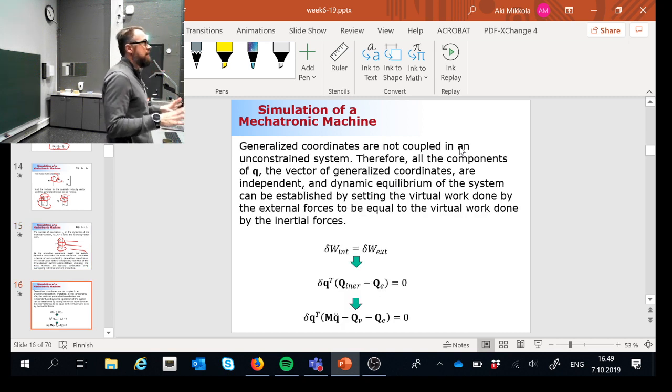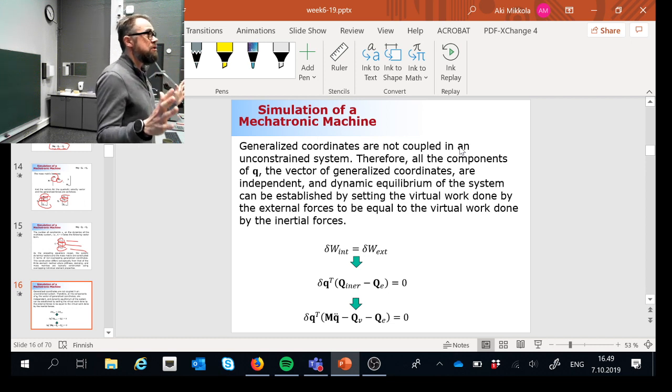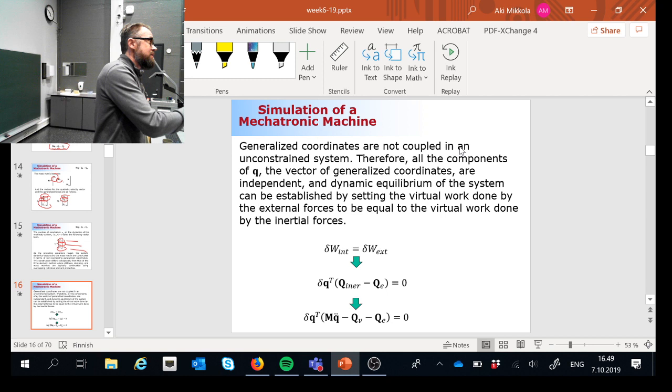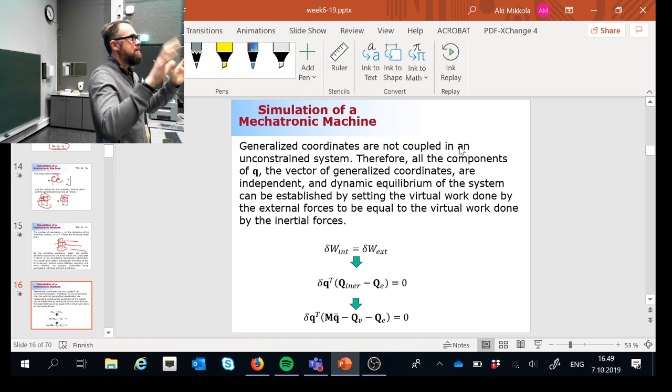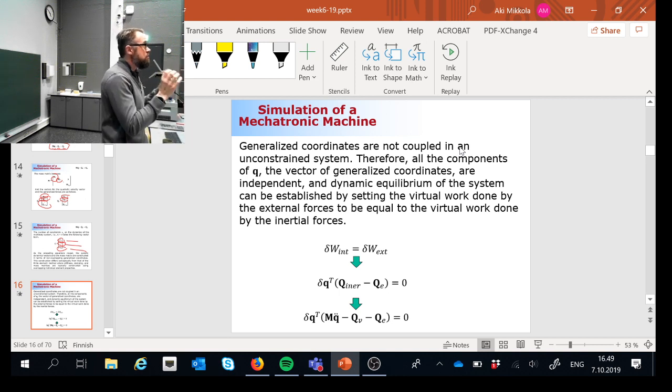Okay, now comes a little bit surprising news. In the case of an unconstrained multibody system, which by the way is not a multibody system, because remember the thing that makes a system a multibody system is constraints. But let's hypothetically look at something where I have a number of bodies, many bodies, but no constraints. How can I express my equation of motion in that particular case? Now you need to focus here, because this has become the essence of today's lecture.